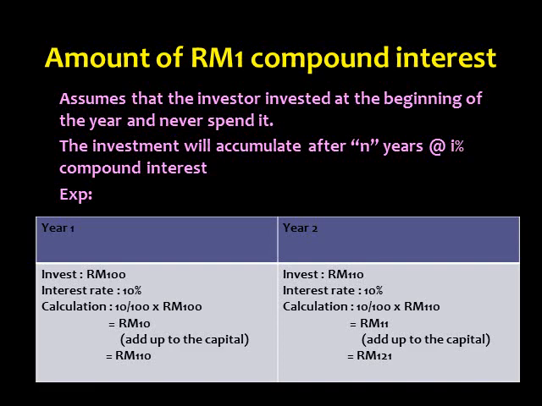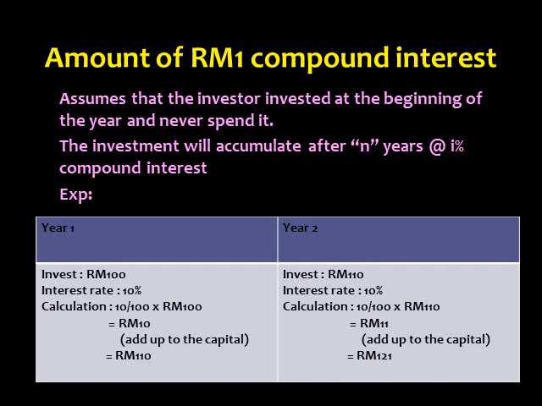Another one is the amount of 1 ringgit at compound interest. This is the opposite situation to simple interest, whereby here we assume that the investor invests at the beginning of the year and never spends the interest. This is what we want to calculate: how the investment will accumulate after n years at i% compound interest.